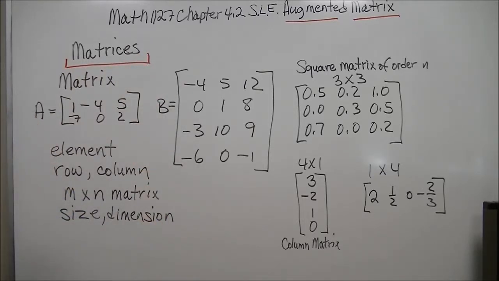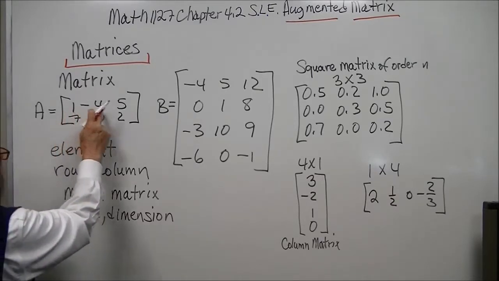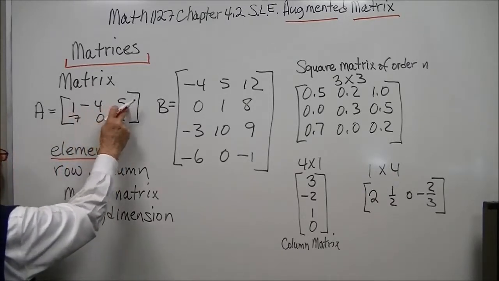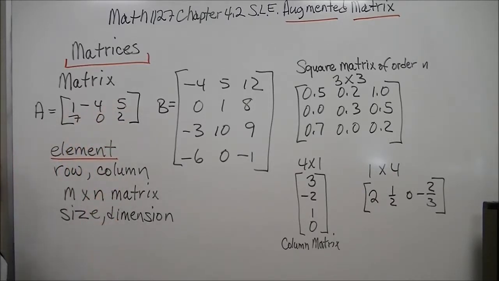Now, we name a matrix by the way they're sort of listed or displayed. And each item in a matrix is called an element. So these are elements of a matrix.